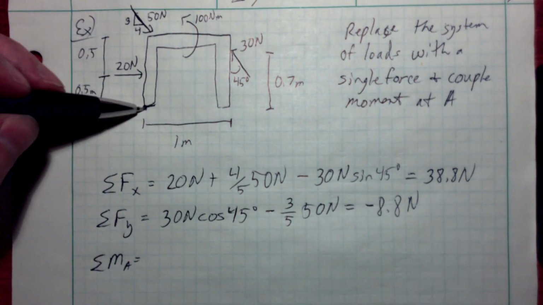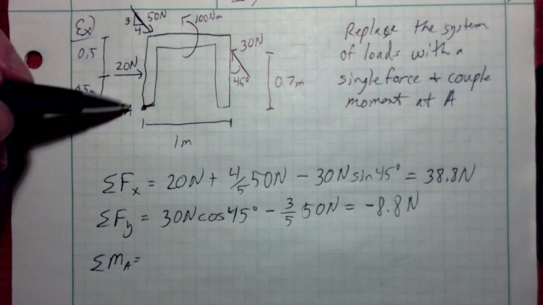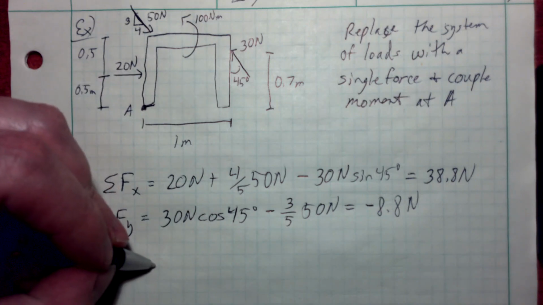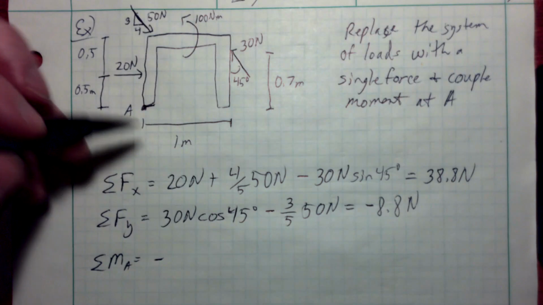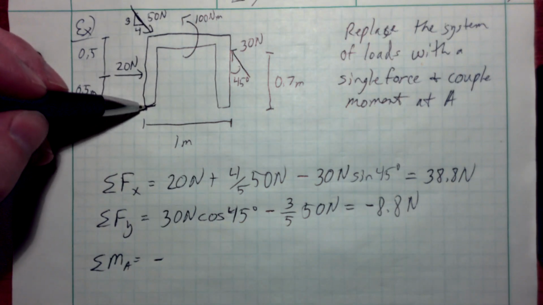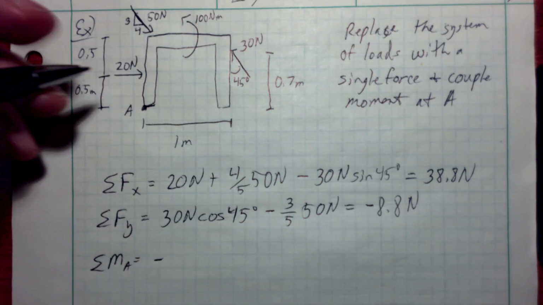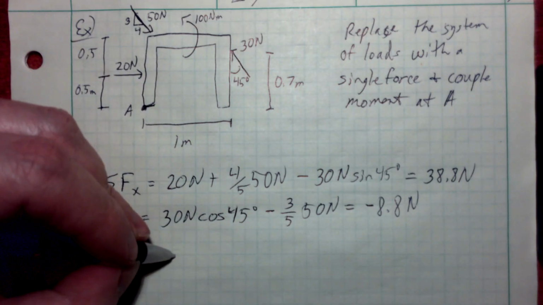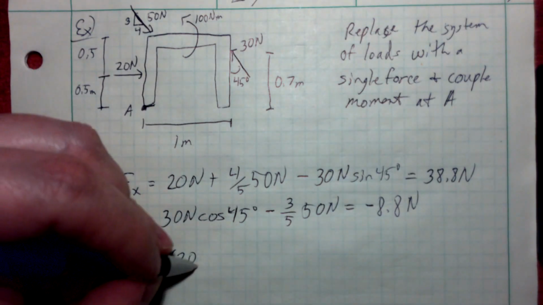Okay, so from point A, we're going to have several terms here. I've got 20 newtons from point A. It is causing a clockwise rotation. Again, put your pen there, push in the direction of that 20 newtons. Notice that is trying to push in a clockwise rotation, so it's a negative moment.